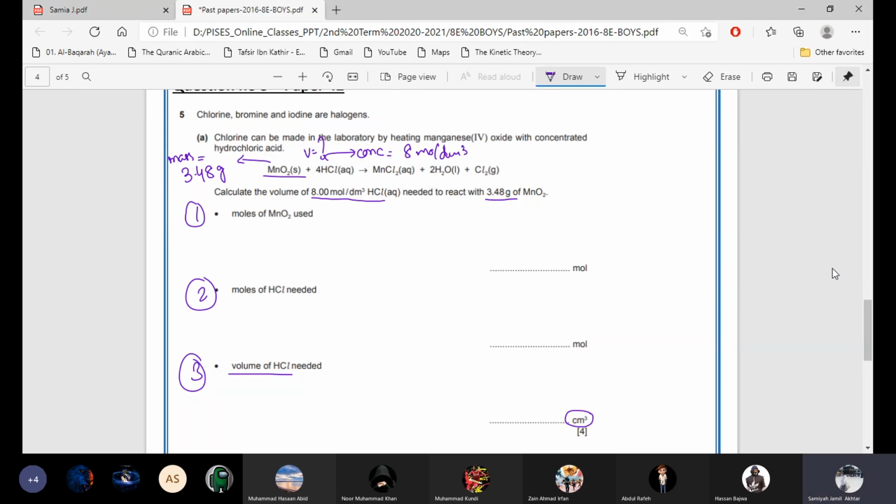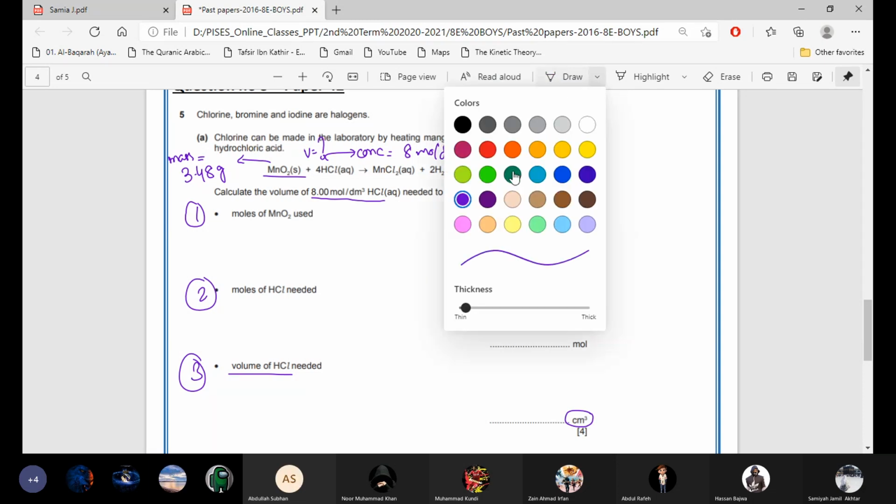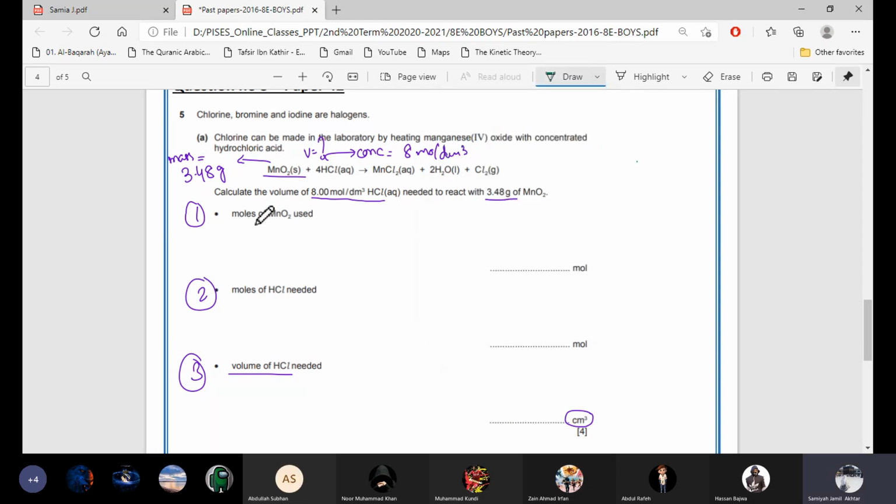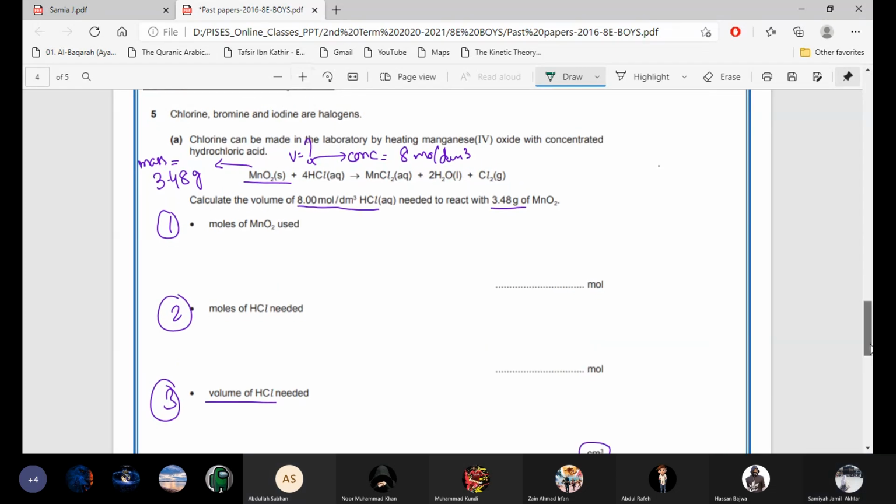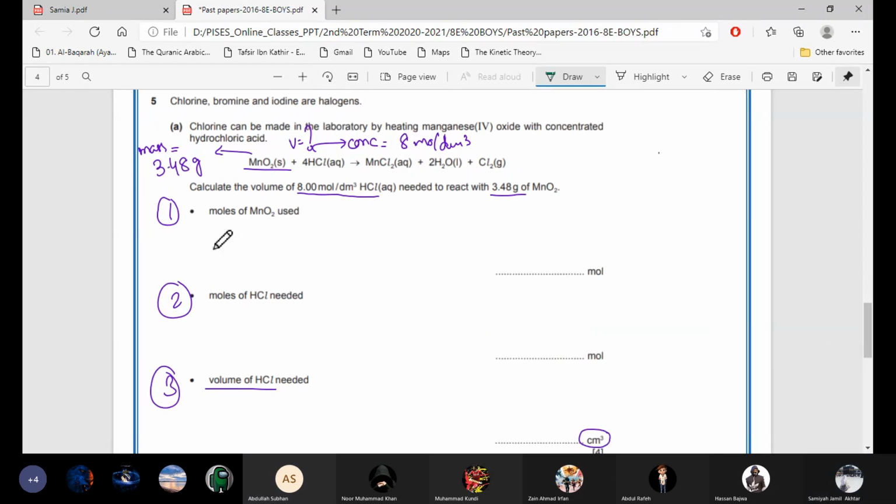Abdullah Subhan, tell me the first step. Moles of manganese oxide used. Ma'am, 0.04. Let me check the answer.